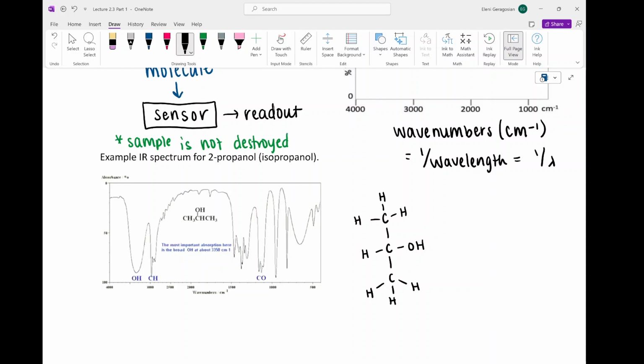Now we'll talk about where different frequencies are, but see how these are labeled on the spectrum. If we talk first about this OH group, this broad peak here is characteristic of an OH bond. Let's draw out that bond here.